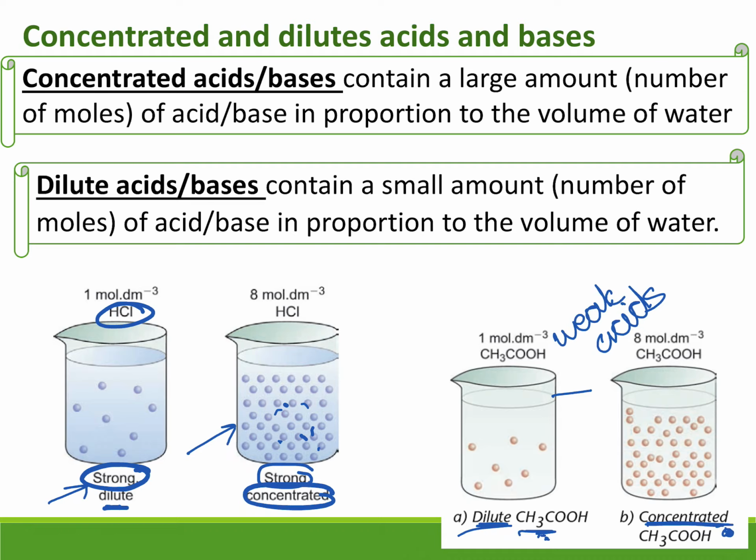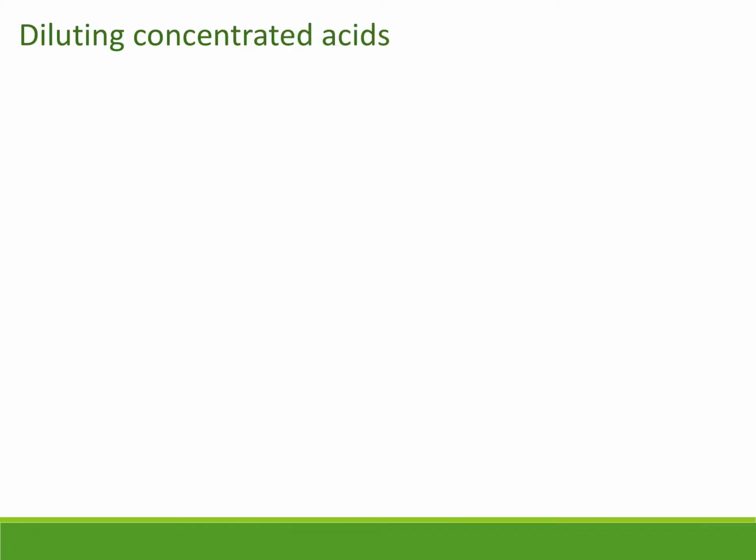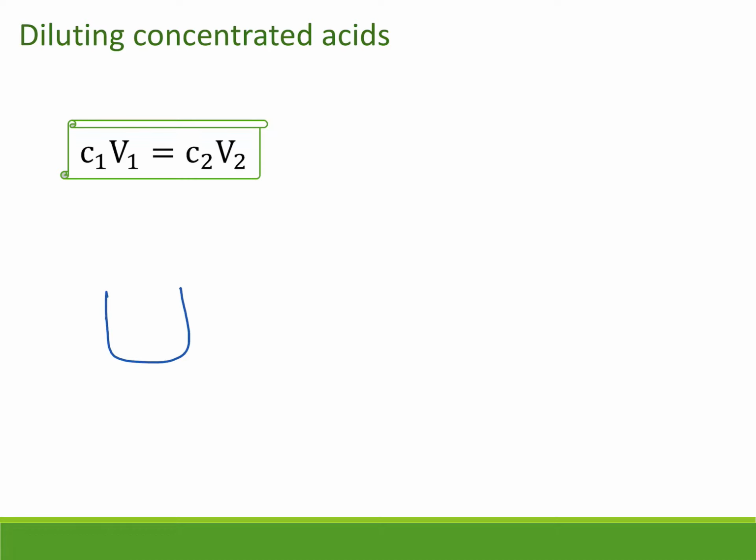So how do we dilute an acid? Well, we have a very interesting equation, which is this. When I dilute an acid or a base, okay, basically what happens here is we have our original solution, and here I have my particles, and then I add more water into it. I'm not adding more of the particles, I'm just making the volume different, which means the number of moles stays the same.